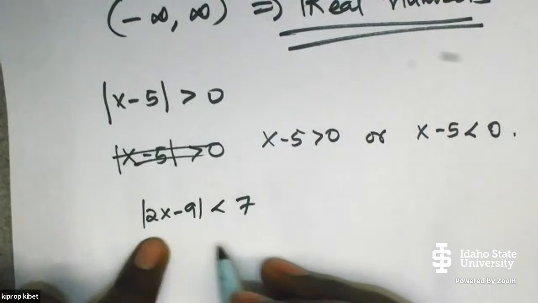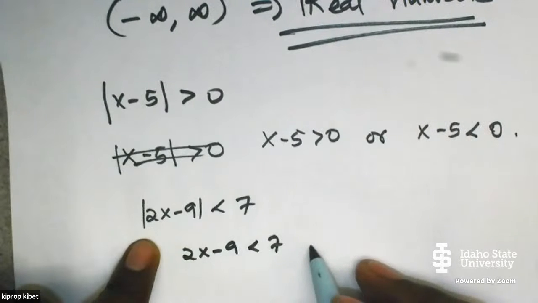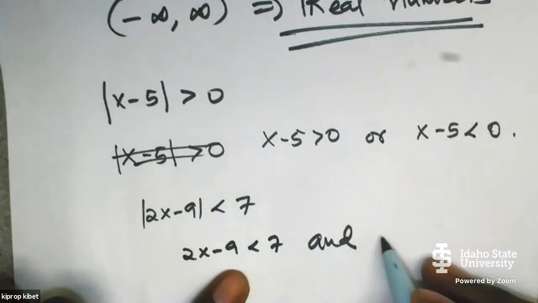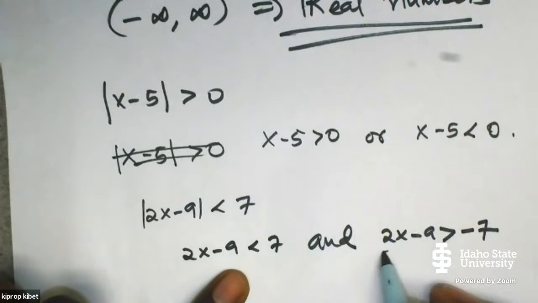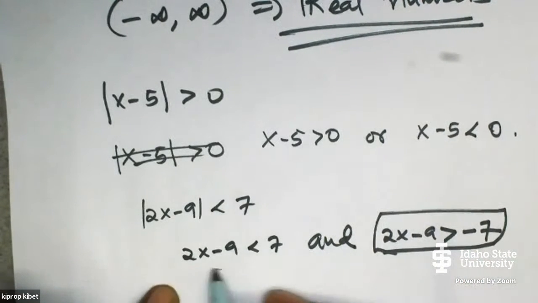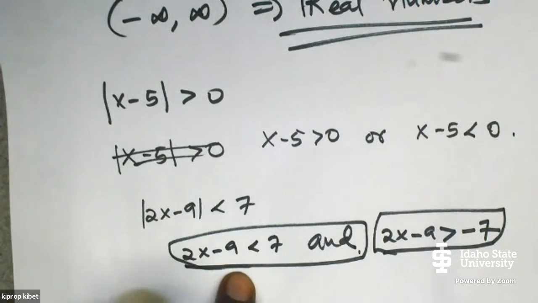So it will be 2x minus 9 less than 7 and 2x minus 9 greater than minus 7. You should always remember this: less than is and, greater than is or.